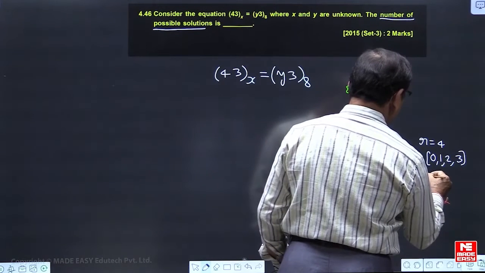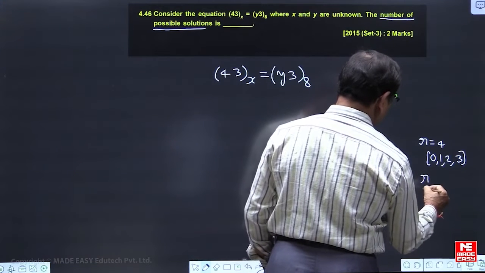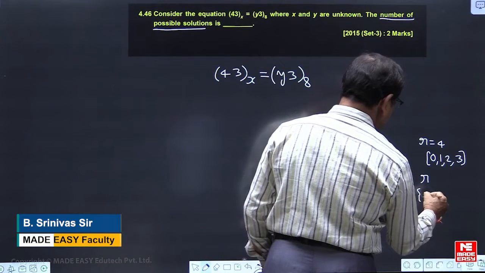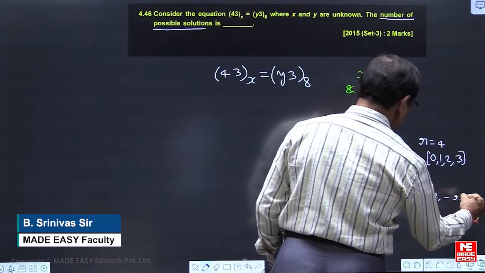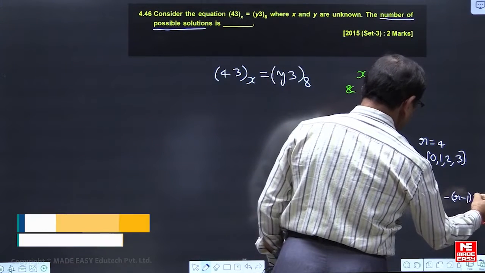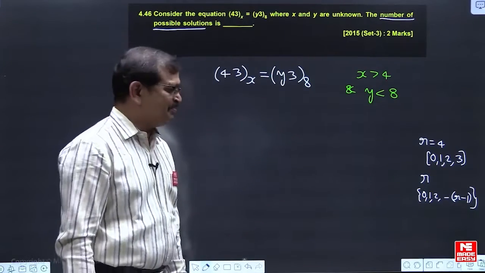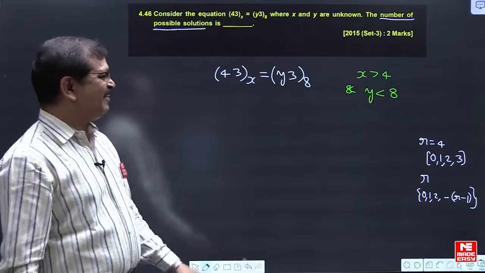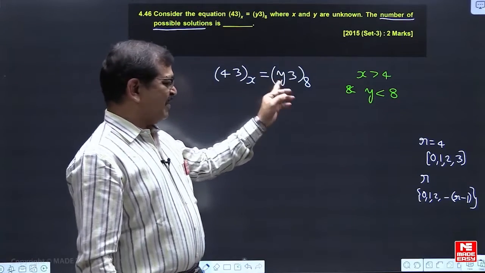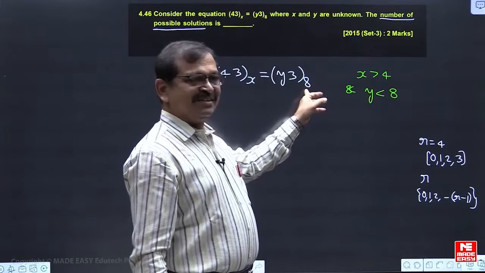And in general, whenever a number system has base R, the digits will be 0, 1, 2 and so on up to R minus 1. It's a standard thing, all of you know this well. Having this knowledge, here whatever y we are looking at, these are the digits, so each must be less than this base.